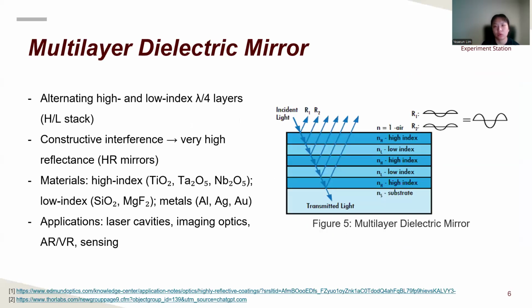If we repeat the quarter wave idea many times, we get a multilayer dielectric stack, or mirror. We alternate high index and low index quarter wavelength layers, typically written as HL, HL, and so on. At the design wavelength, all of the interface reflections add constructively in the backward direction, so the reflectance can easily exceed 99 or even 99.9%.